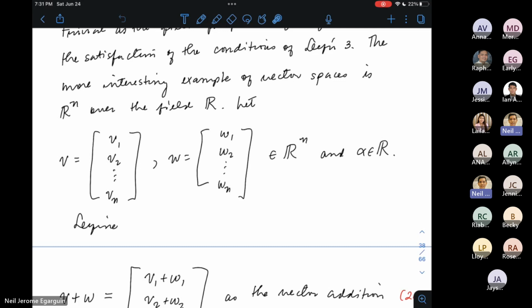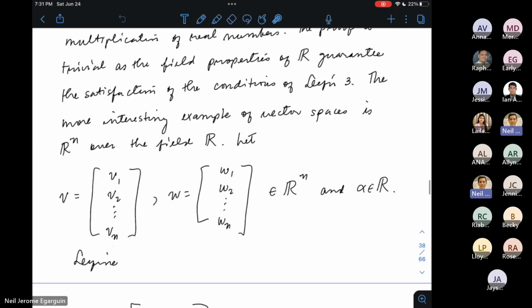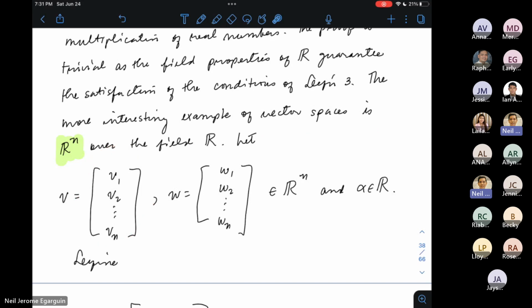All right? Na pag meron kang field, kahit anong field, dito ang example niya ay field of real numbers pa rin. Tapos kunin mo lang yung n tuples. N tuples of real numbers, say si V, siya yung n tuple consisting of V1, V2 until Vn.